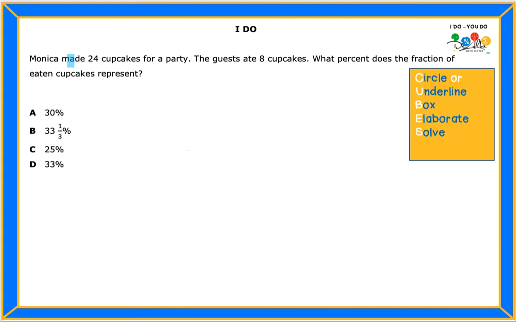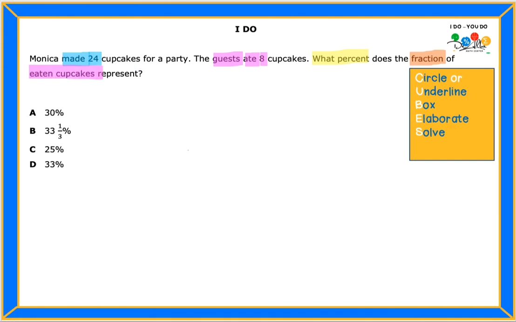So here it says that she made 24 cupcakes. Now the guests ate 8 cupcakes. And the question is, what percent does the fraction of eaten cupcakes represent?